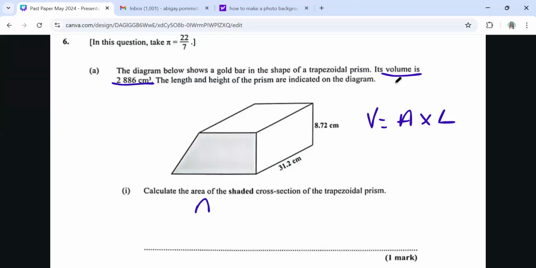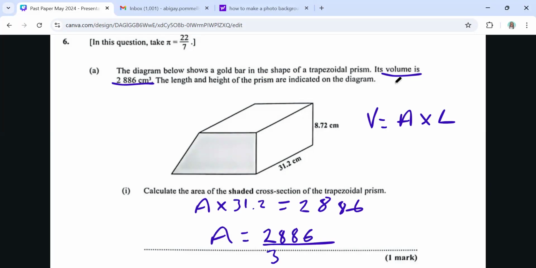So area times the length, which is 1.2, equals the volume, which is 2,886, and then make A the subject and divide these two. Let's get back to our calculators.